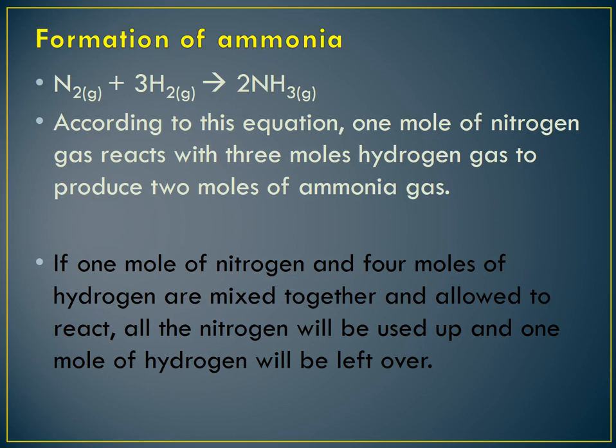So if I had 1 mole of nitrogen and 4 moles of hydrogen, then all the nitrogen will be used up, but I will only use 3 of the hydrogen, so I would actually be left with 1 mole of hydrogen left over because it's in excess. It would stay in the flask and just be hanging out. So we would have this leftover 1 of hydrogen.